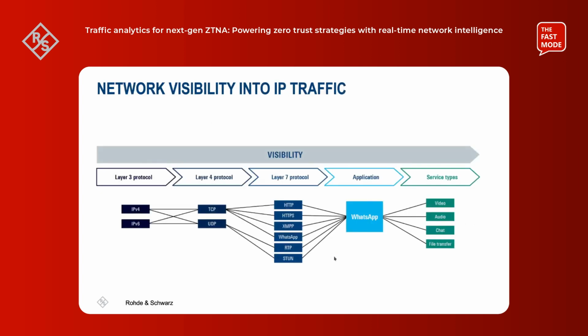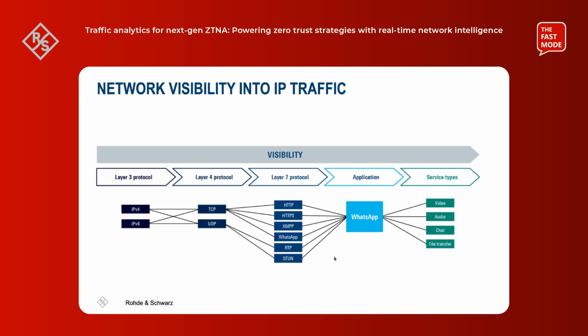Next, let us jump right into the typical detection stack of one example flow. We define a flow or connection as a 5-tuple. In this case, it's a WhatsApp 5-tuple connection. Our engines detect according to the OSI model, meaning layer 3 and onwards up to layer 7. We also introduce an additional over-the-top application layer.